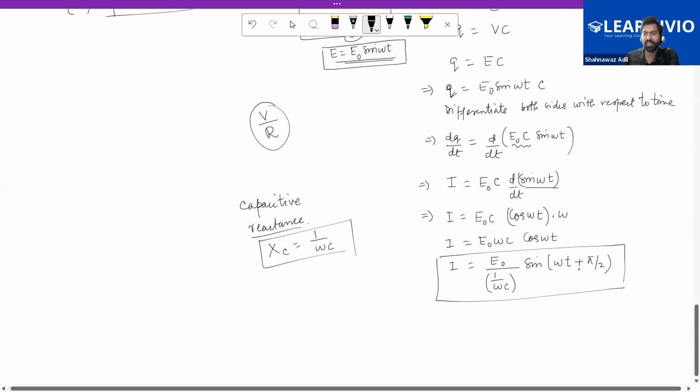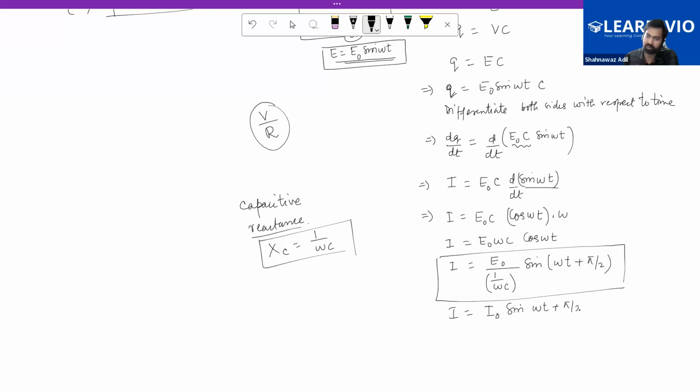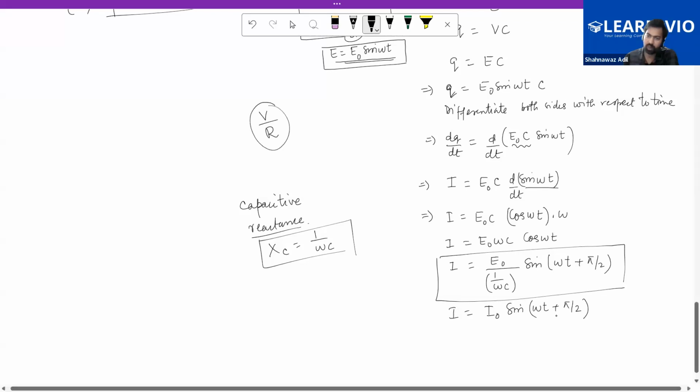So we see that in the case of a capacitor, I can write this as I naught sine omega t plus pi by 2. So this is what the current phase is, and the supply voltage that we have from the AC generator is E naught sine omega t, right?